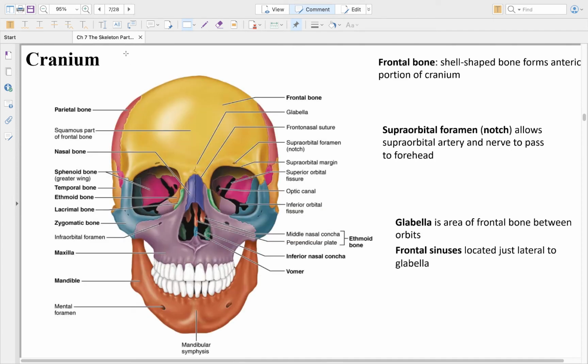Your frontal bone is right here in yellow, and notice how it makes up the top of your eye socket.